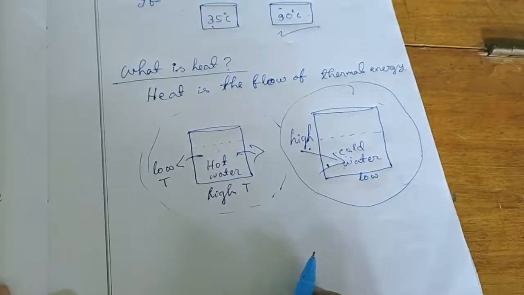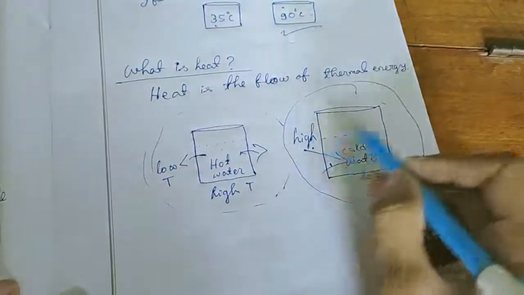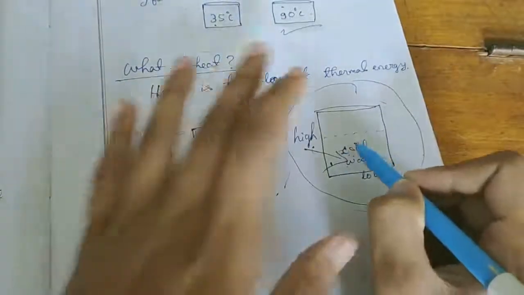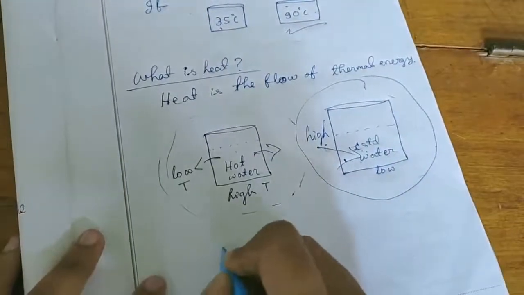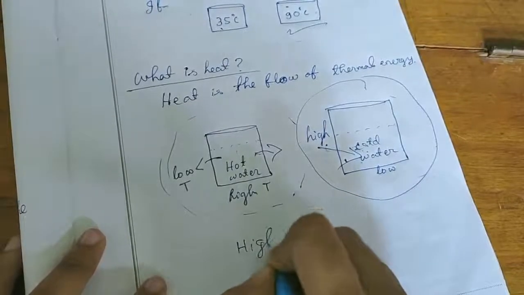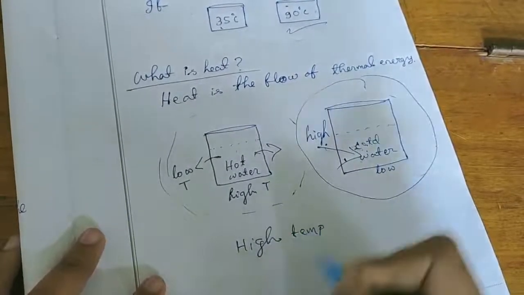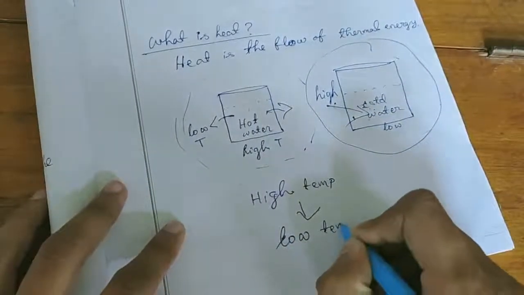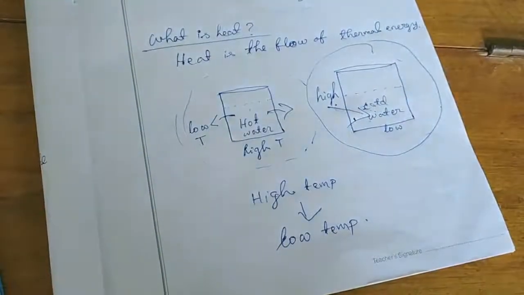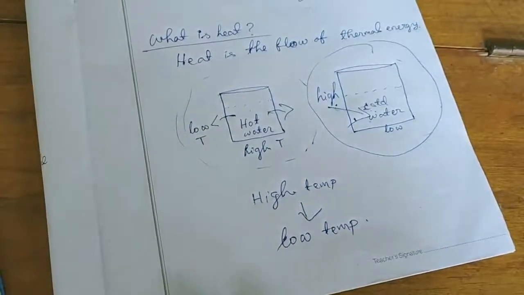So ultimately after some time the water will become warmer. Got it? So heat always transfers from high temperature to low temperature. This is the property of heat, and heat is the flow of thermal energy.